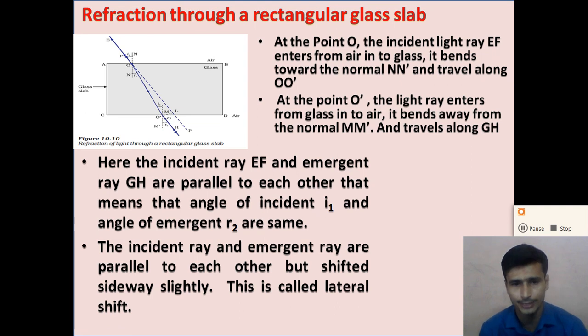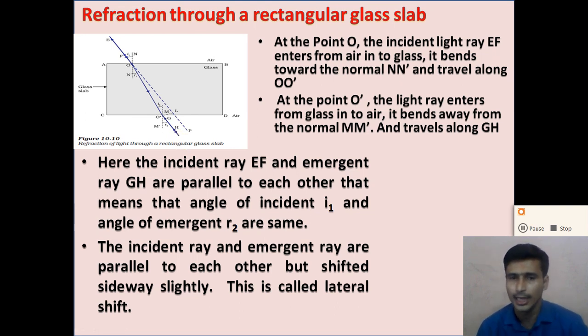But here the incident ray and the emergent ray are parallel to each other but shifted sideways slightly. It will be shifted sideways by a slight amount, and this shift is called the lateral shift. Do you understand what do you mean by the lateral shift? Here the incident ray EF and the emergent ray GH both are parallel to each other.